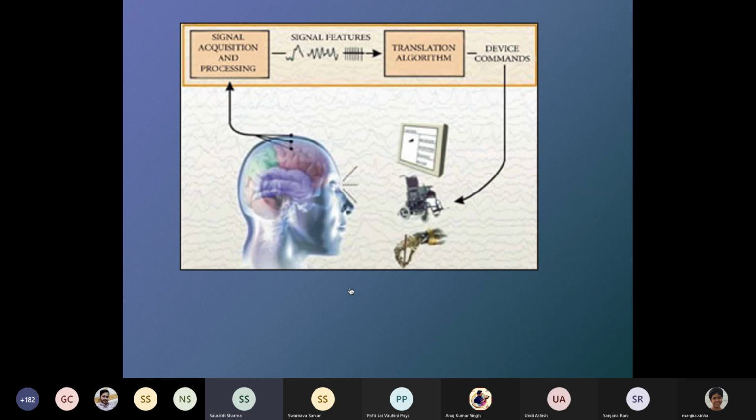So how are these waves converted in terms of an algorithm? These waves have their own features, like alpha, 8 to 12 Hz is the range of alpha. So how do these particular signals get translated to the algorithm? Is it possible through some machine learning or coding?